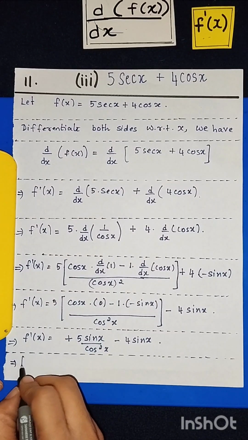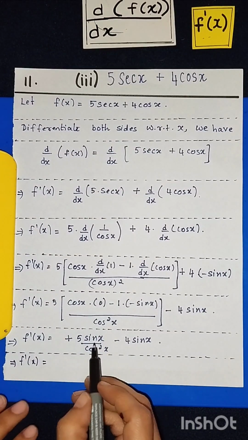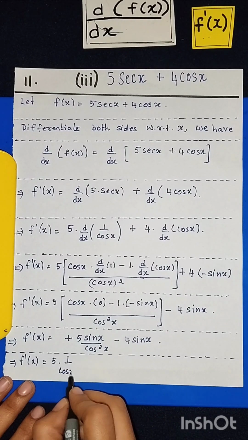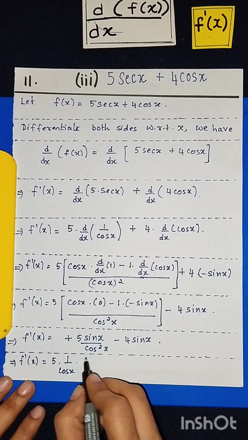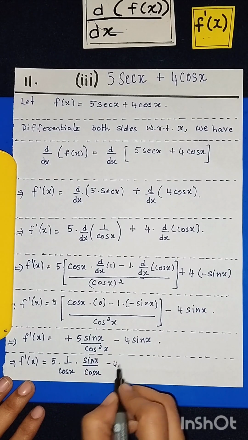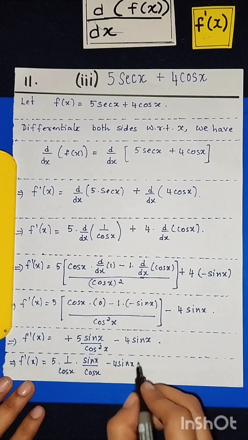Now this implies f dash of x is equal to, here we can write 5 into 1 by cos x, one time we will take, another time we will include with sin x, and minus 4 sin x.